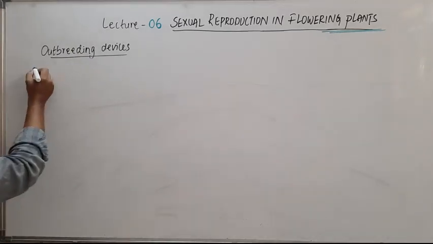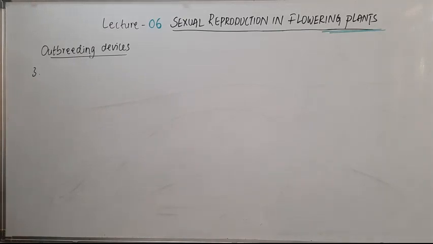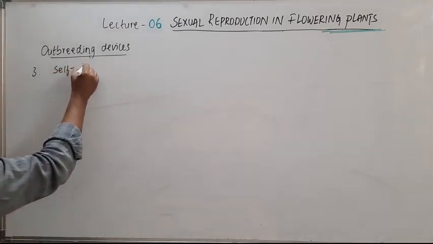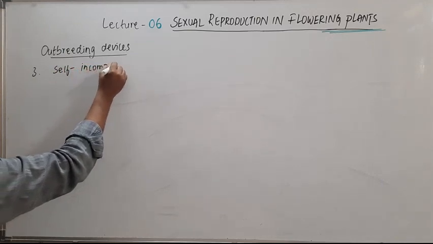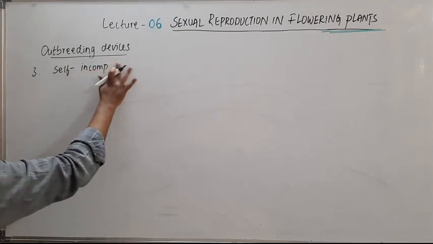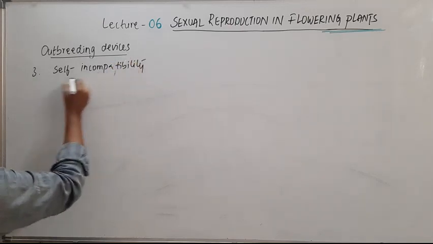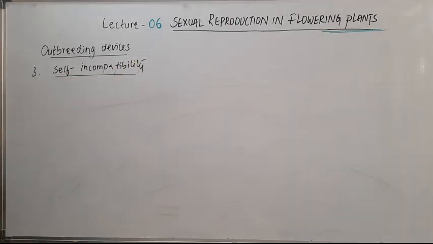Right, now let's see the third outbreeding device. The third outbreeding device is self-incompatibility.